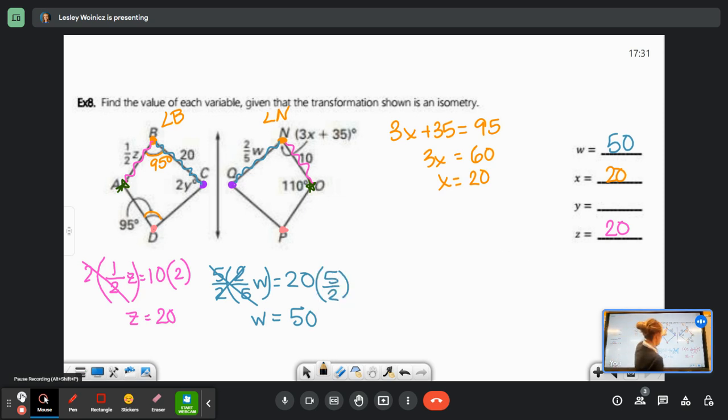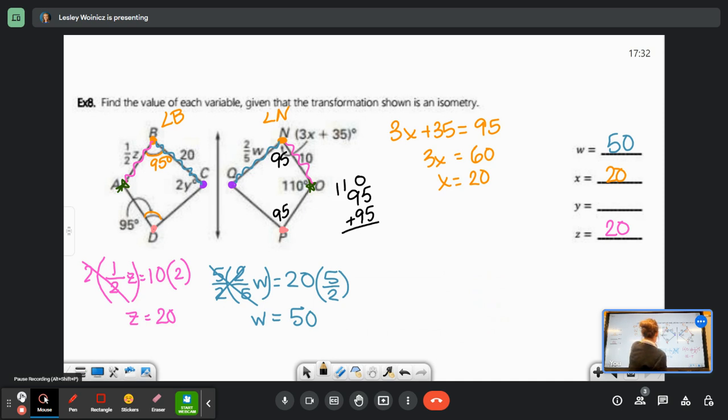So all of these interior angles have to add up to 360. So we figured out that this one has to be 95, and so must this one. Okay, so far we've got 95 plus another 95. Okay, we also have 110.